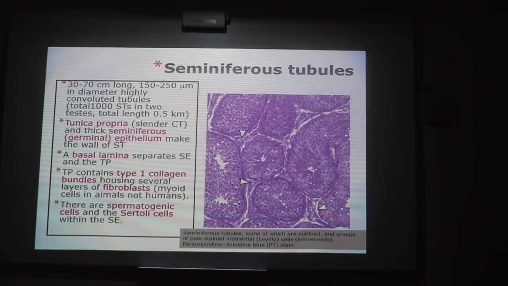Because remember, when the sperm come out from the seminiferous tubule, they are still immotile. Even though they have flagella, they don't have the ability to move. They only get the ability to move when they reach the epididymis.